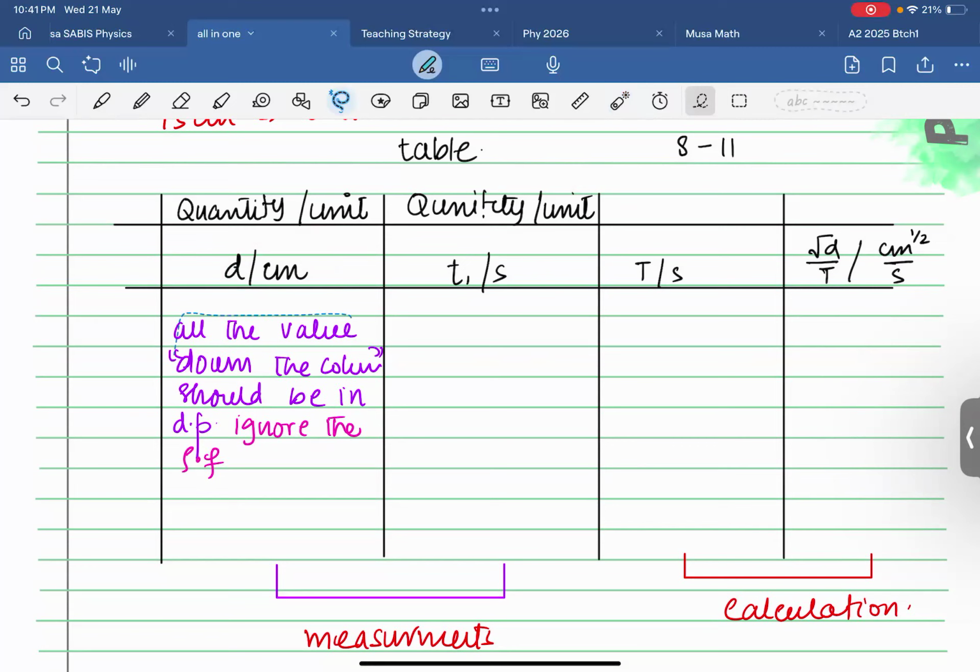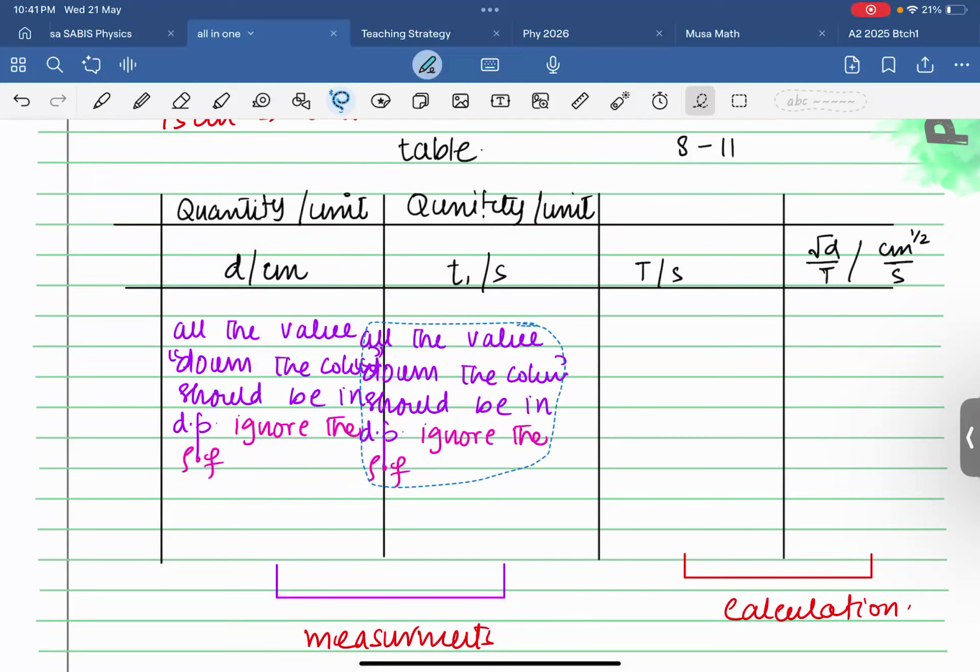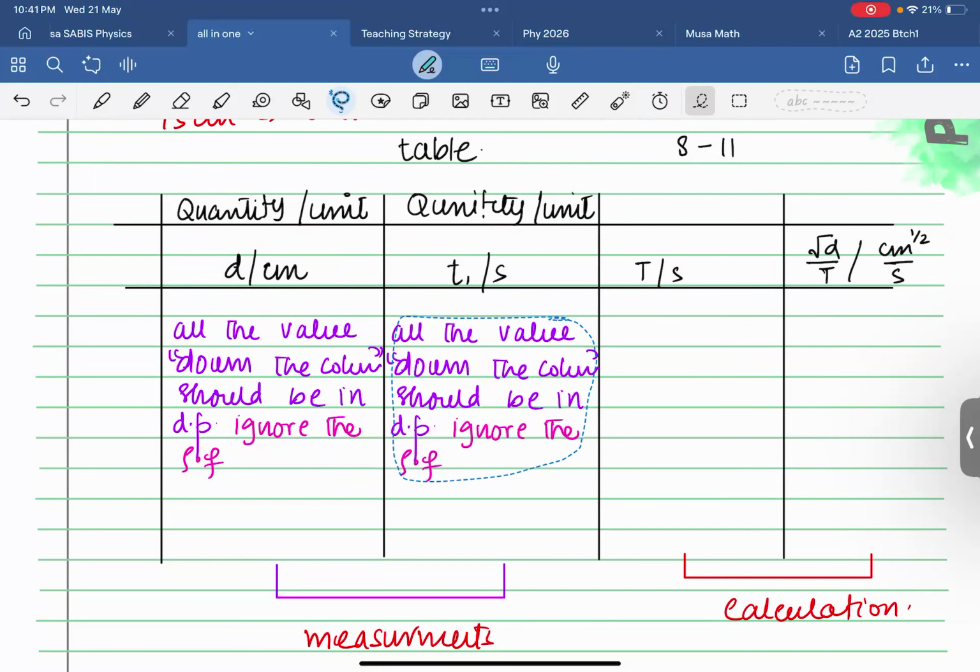Look, for another quantity, I'm just copying it and pasting it right here. Now the question arises whether the two columns contain the same number of decimal places or different. So just think about the instrument. The distance is taken from the meter rule, the time is taken from the stopwatch, right?